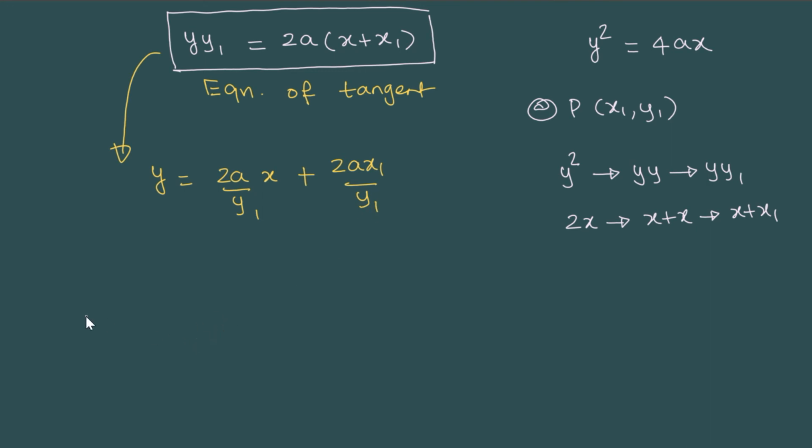So this is in the form of y is equal to mx plus c. So the coefficient of x is our slope. So we can directly say the slope of this line is 2a by y1. So we are able to write the y coordinate in terms of our parameter a and the slope of the tangent line as 2a by m.